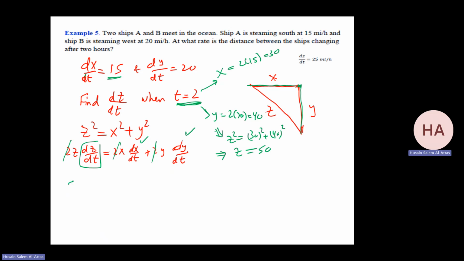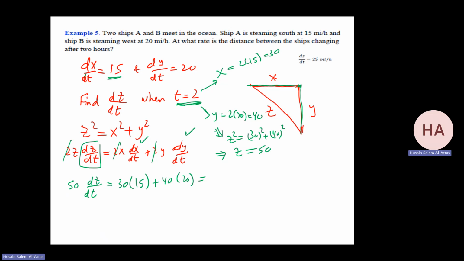So plug in the numbers. I have 50 dz by dt, which is what I'm looking for. x is 30, dx by dt is 15, plus this is 40 times 20.